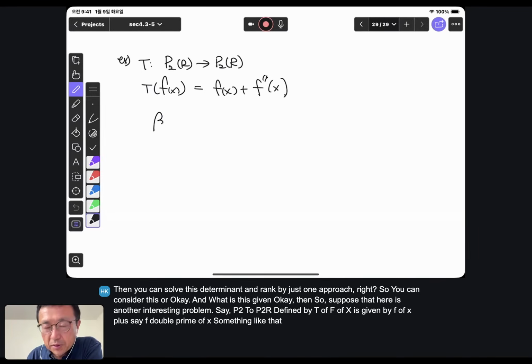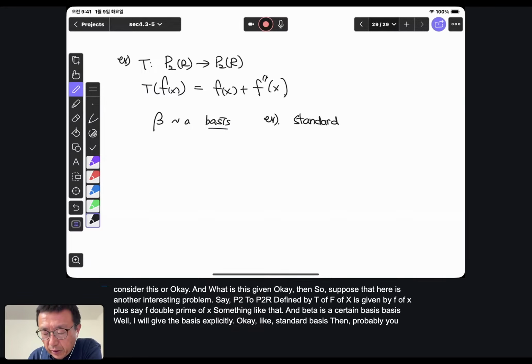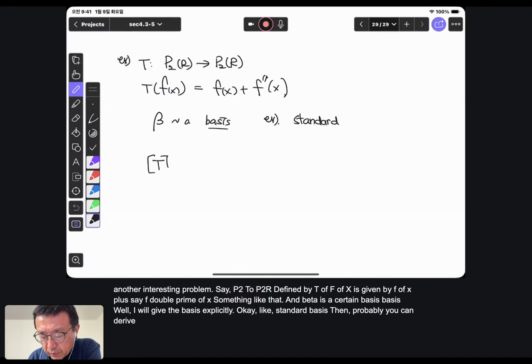And beta is a certain basis. Well, I will give the basis explicitly, like the standard basis. Then probably you can derive this matrix, right?